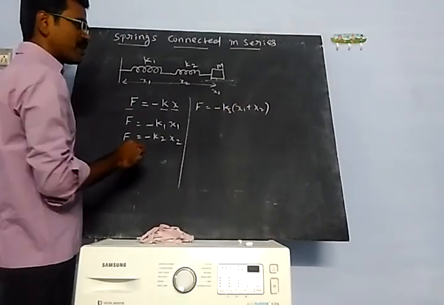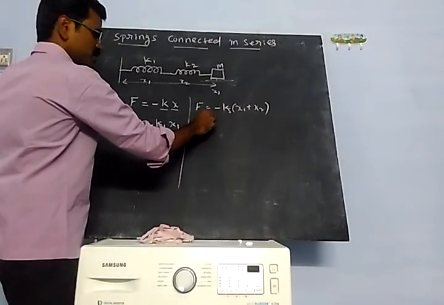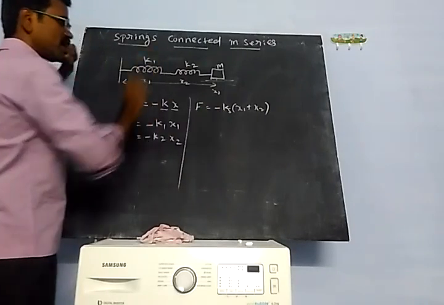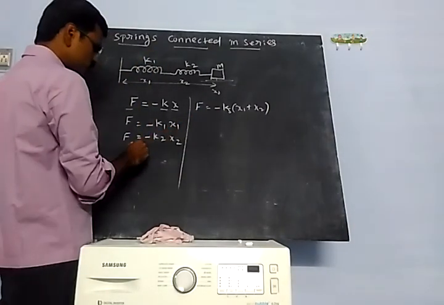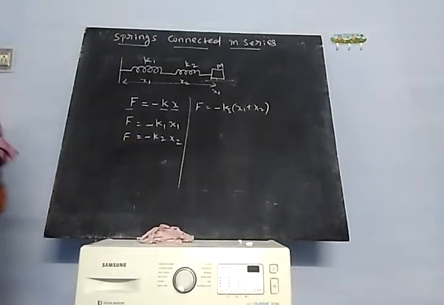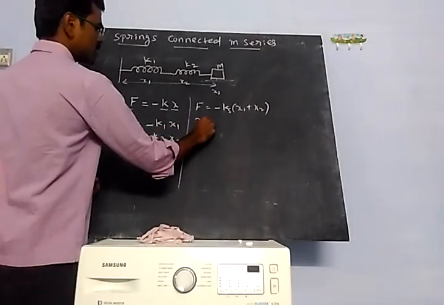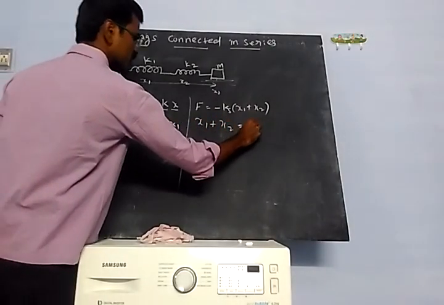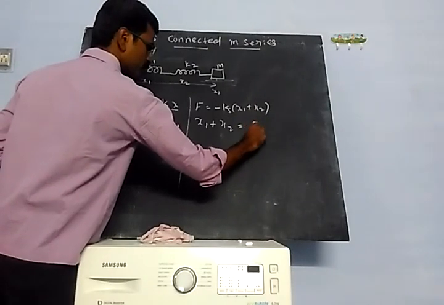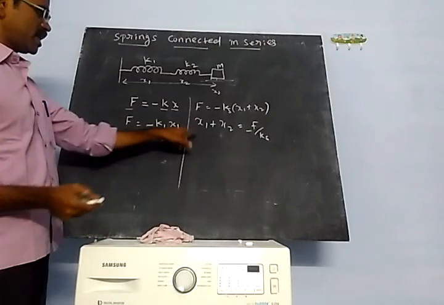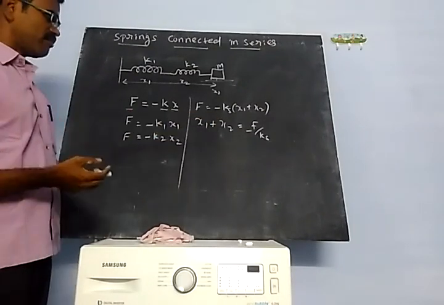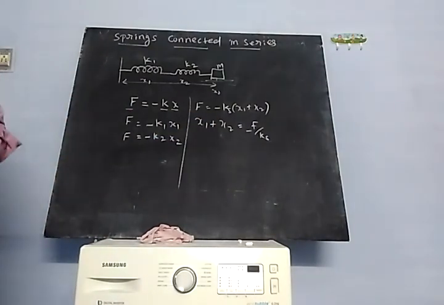So F is equal to minus Ks of x1 plus x2. Then x1 plus x2 is equal to minus F by Ks.